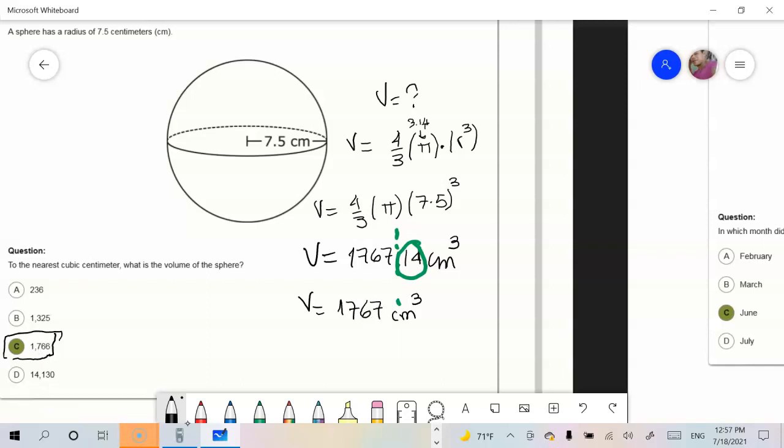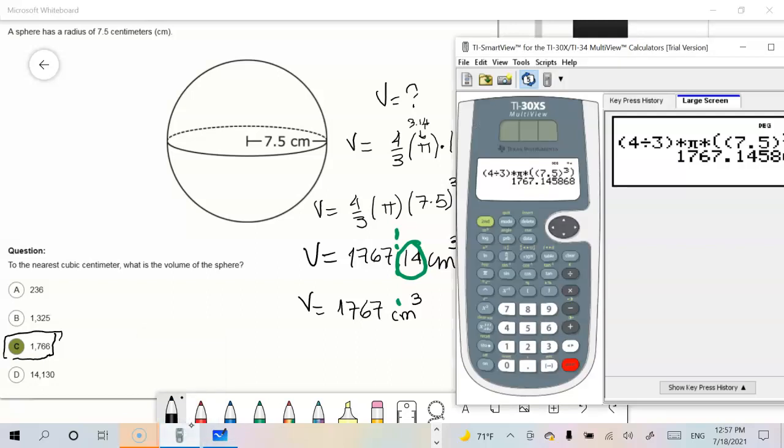You got 67 because the calculator, as you are not rounding pi and you are not rounding anything, is giving you the whole decimals. In this case, because you don't get the exact answer, you pick the answer that makes more sense, which is 1766 cubic centimeters. Okay, moving on.